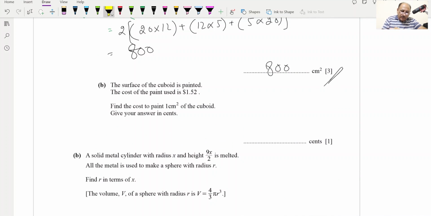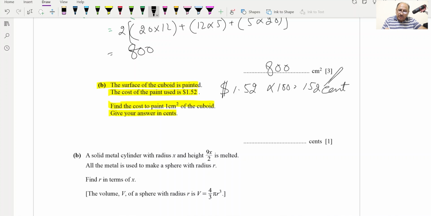Now B part, the surface of the cuboid is painted, the cost of the paint used is $1.52. Find the cost to paint 1 centimeter square of the cuboid, give your answer in cents. So dollars we can change, like $1.52 will be equal to, we'll multiply this by 100 and we will get 152 cents.